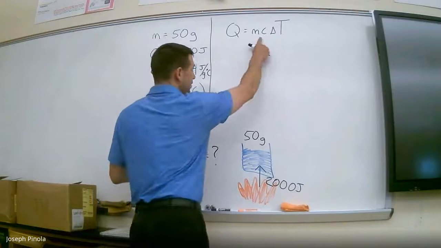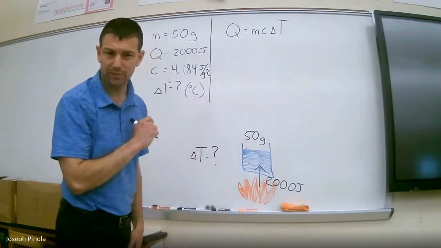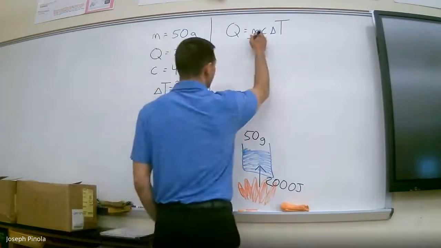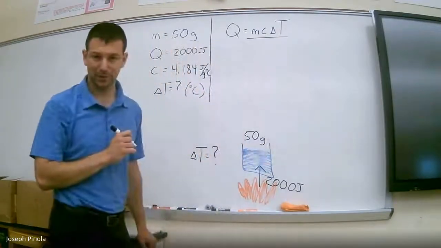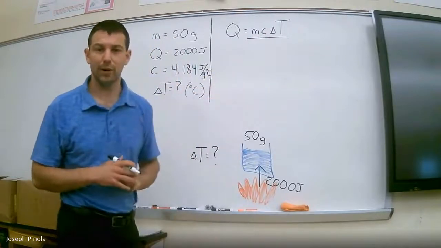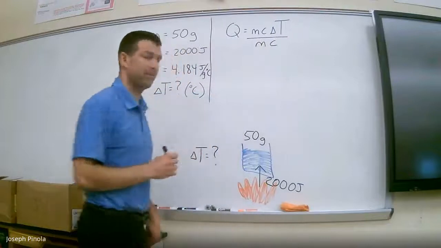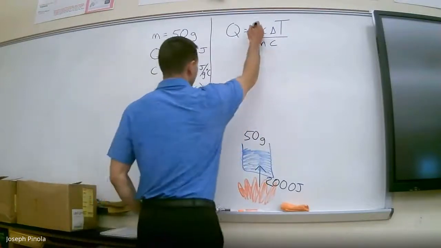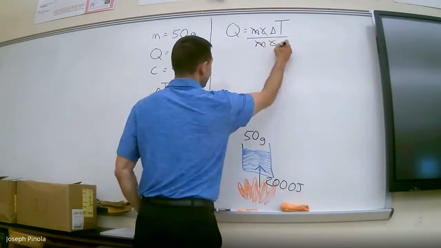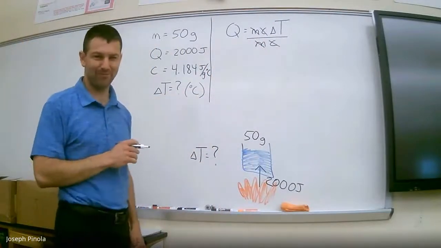Right now, delta T is connected to mc through multiplication. So I need to divide, which is the opposite of multiplication, everything else that isn't delta T from the right side. So I'll divide by mc on the right. That will cause the m's to cancel and the c's to cancel, which is great. We just have delta T on its own now.